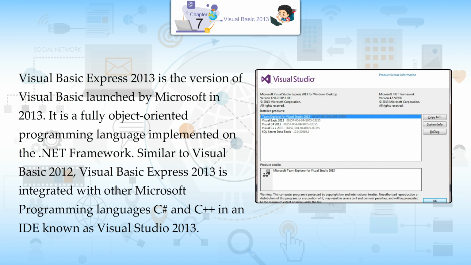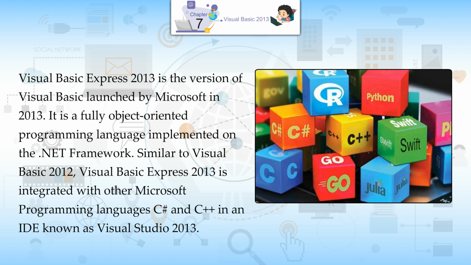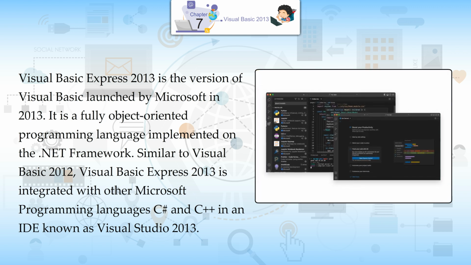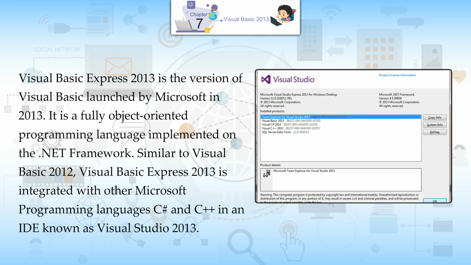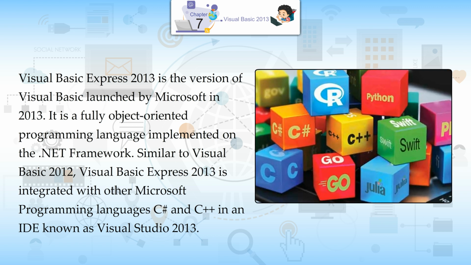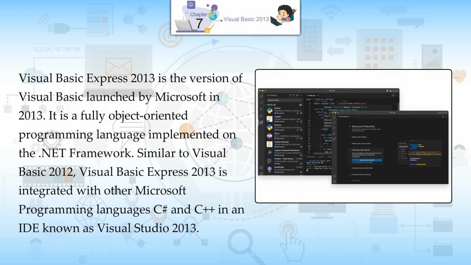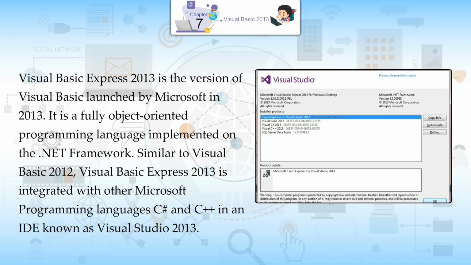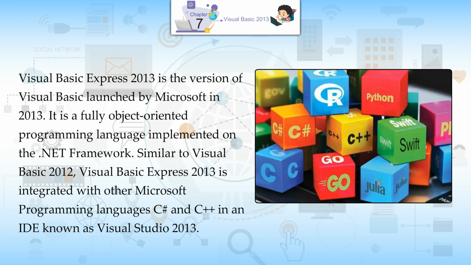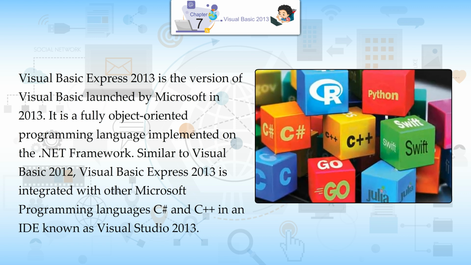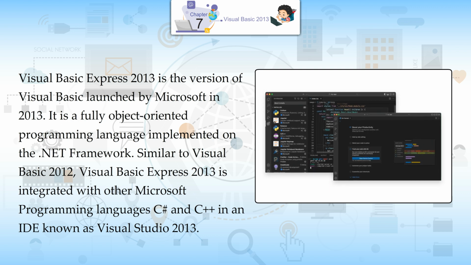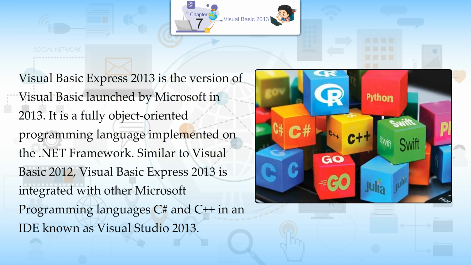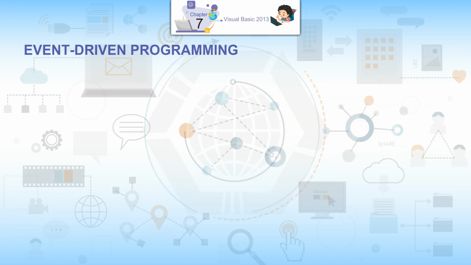It is a fully object-oriented programming language implemented on the .NET framework. Similar to Visual Basic 2012, Visual Basic Express 2013 is integrated with other Microsoft programming languages, C# and C++, in the IDE known as Visual Studio 2013.